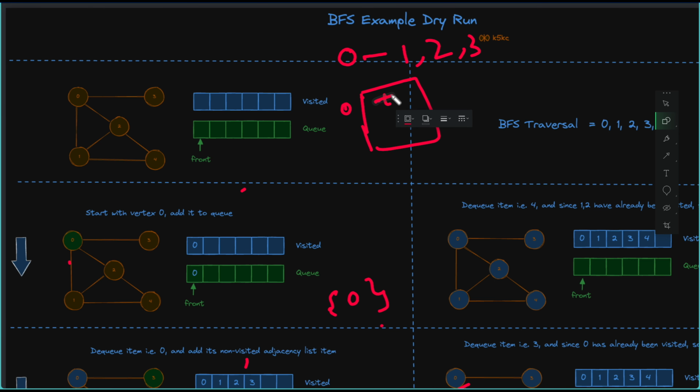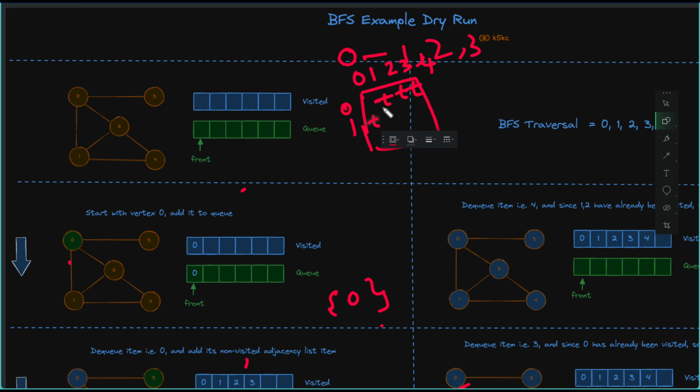Suppose these columns are 0, 1, 2, 3, 4, right? Similarly, we mark it as true for 2 as well, for 3 as well. Similarly, for 1, we will mark 0 as true, because this was the case. But without going too much into the details, I'm assuming that you know both the implementations.